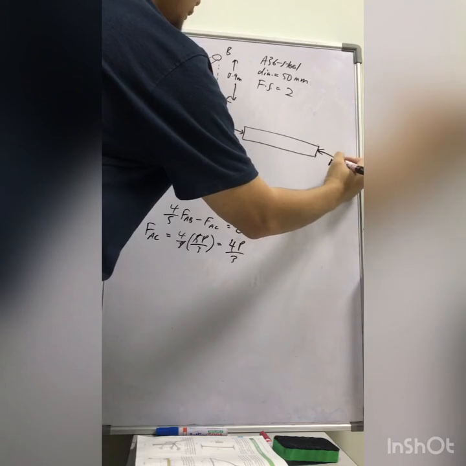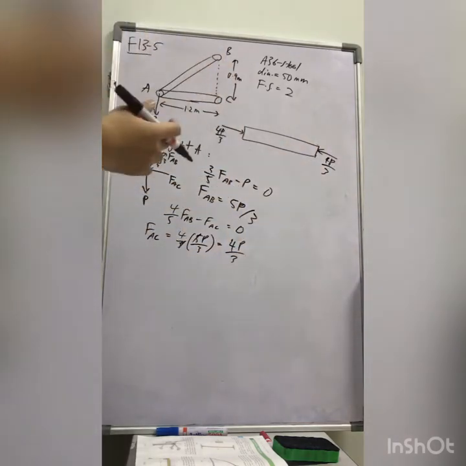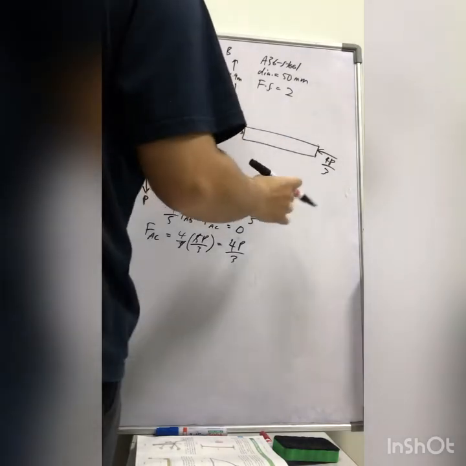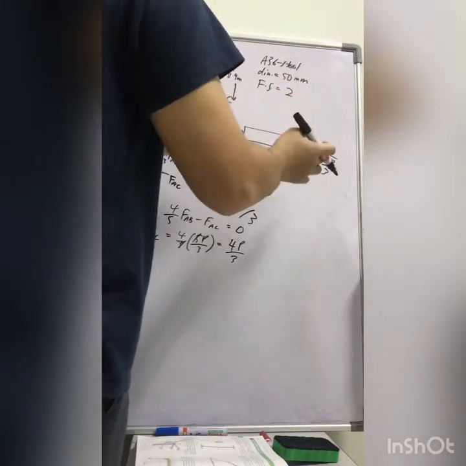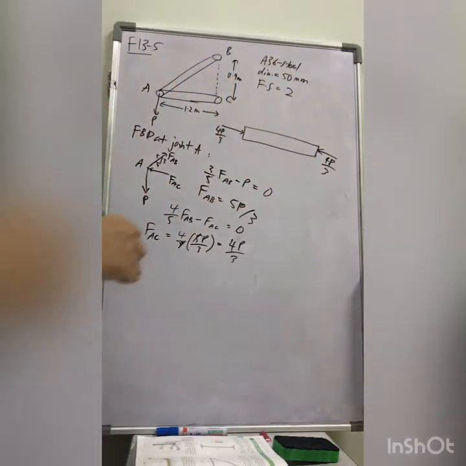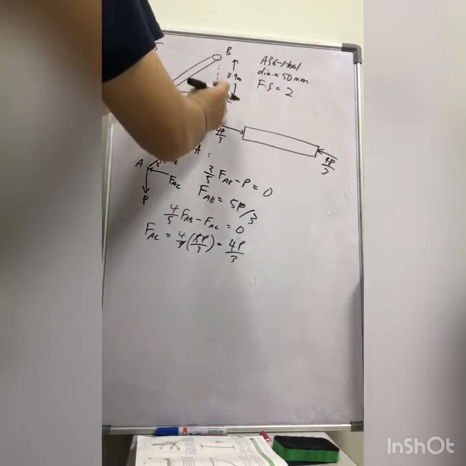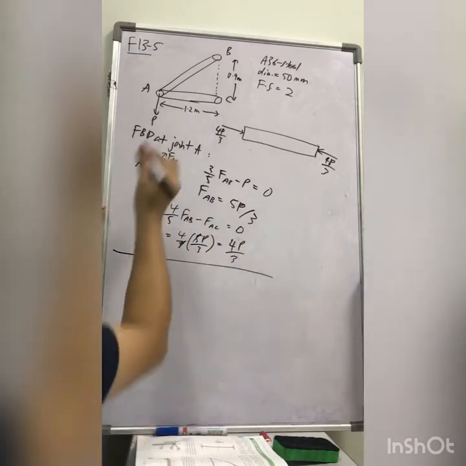You want to find the maximum P that you can apply so as not to allow AC to buckle, so you need to find the critical buckling load. Now we're done with this relation.